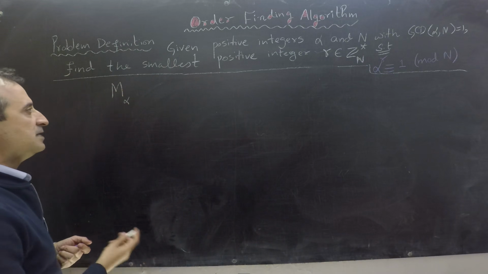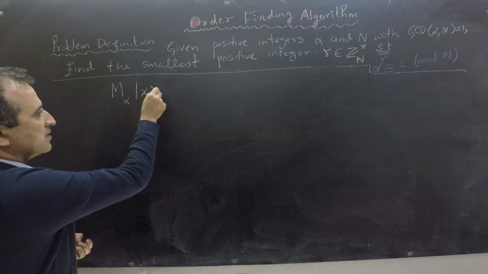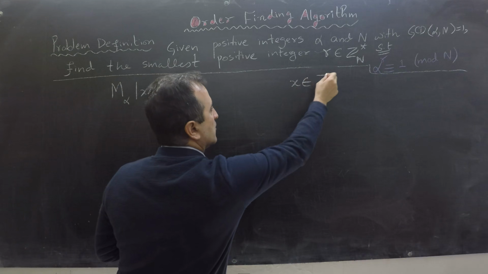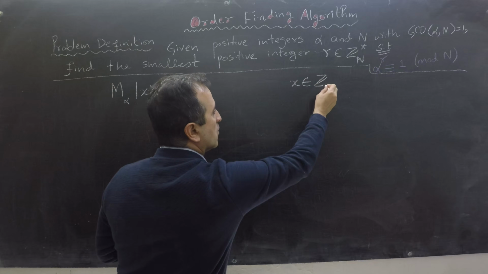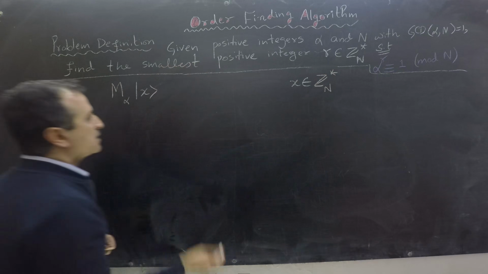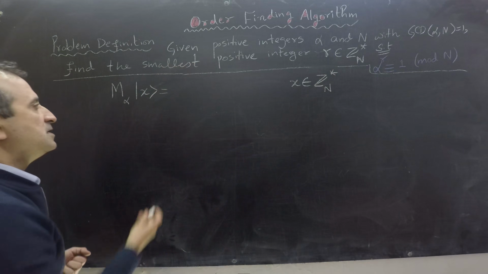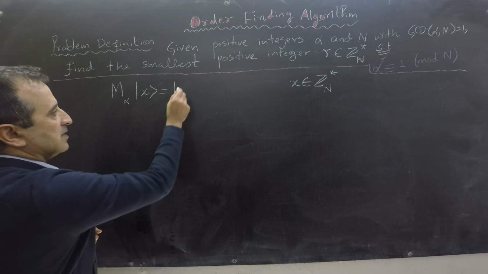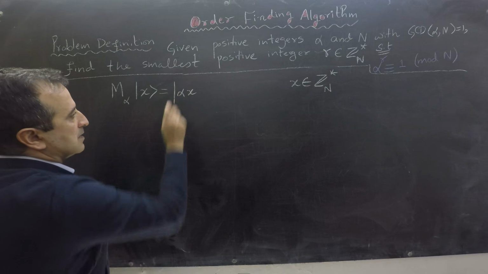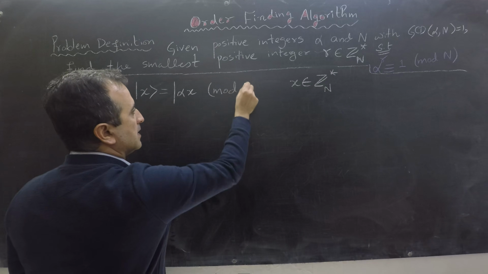Now M alpha takes input of ket x, where x belongs to our multiplicative group over modulus N, and the output of this unitary operation is that our input is multiplied by alpha, and we also have to calculate mod N here.